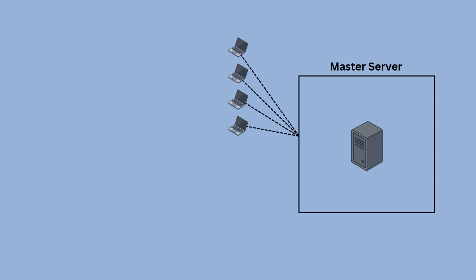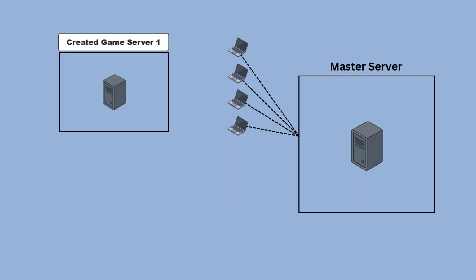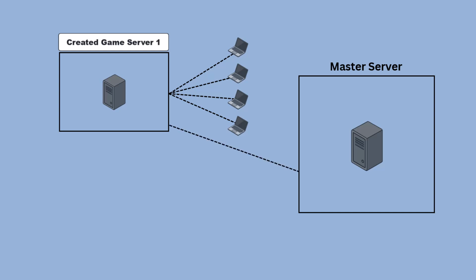So once the teams are settled, by the order of the master server, a new game server will be started. The IP and port of that game server will be given to the players and they join the game server. And after they play the game, when the match is over, the game server informs the master server about the match results and the scores. And once they are done, the game server is just going to be closed.